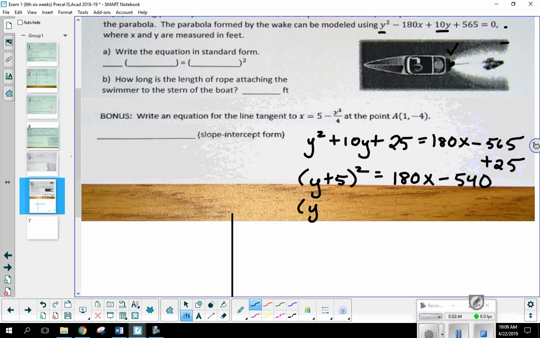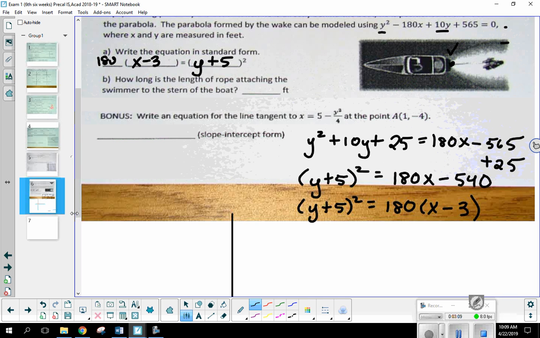And then y plus 5 squared equals, if I pull out that 180, because I need a 4p coefficient, that would be x minus 3. 180 times 3 is going to be 540. So there's the standard form of my equation. Put the 180 here, x minus 3, and then we have y plus 5 squared.